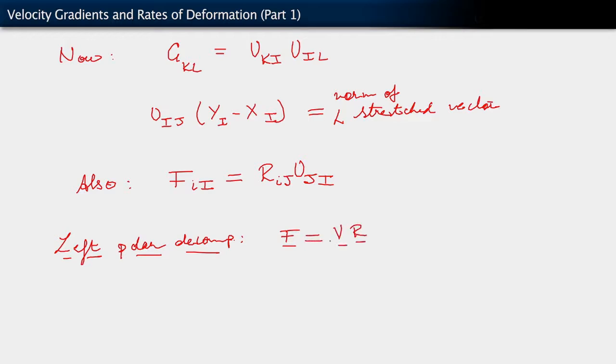And remember that we also showed last time that there is the left Cauchy-Green stretching tensor, B, which is F F transpose. When we make the substitution of the left polar decomposition in this last equation, we observe that B equals V square.